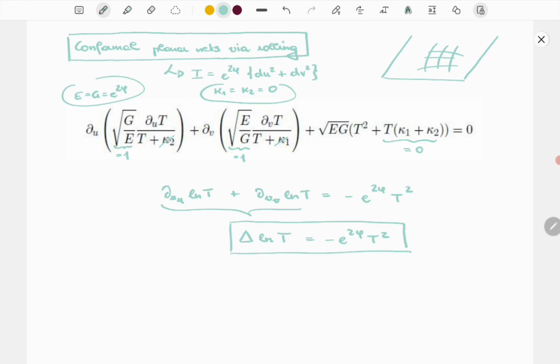So if we start with a conformal map in the plane, any solution t that satisfies this equation here, which we denote by star, will give rise to one surface pair sigma and sigma hat that are isometric, and these two generate the conformal map via rolling.